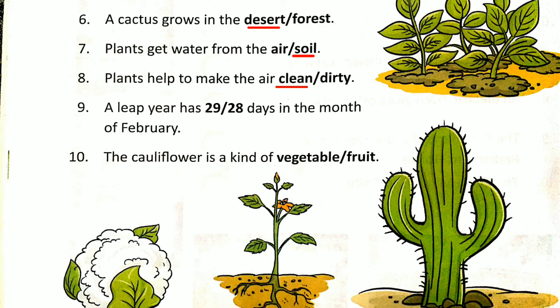In the month of February, there are 29 days in a leap year. Okay, you all understand? Very good. Now number 10 and last, the cauliflower is a kind of vegetable or fruit. Here we can find a photograph of cauliflower, and you all see this cauliflower. It's a vegetable. The cauliflower is a kind of vegetable.